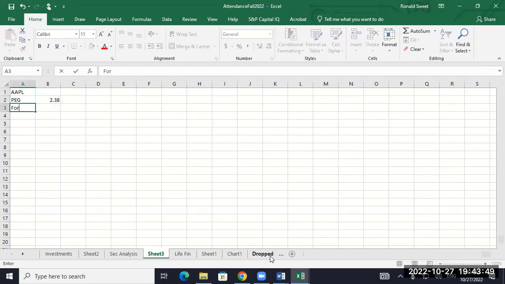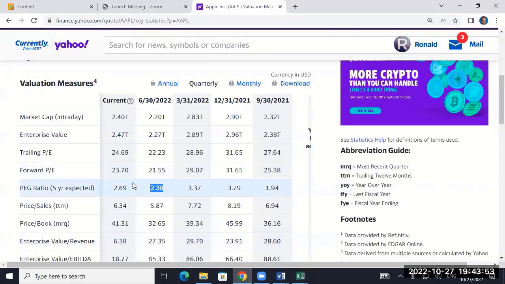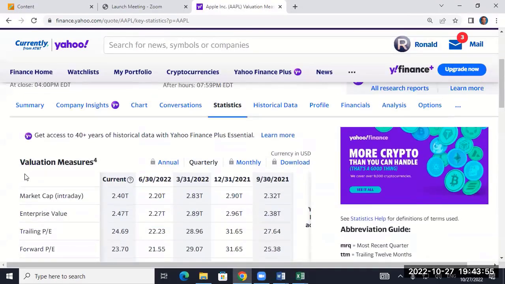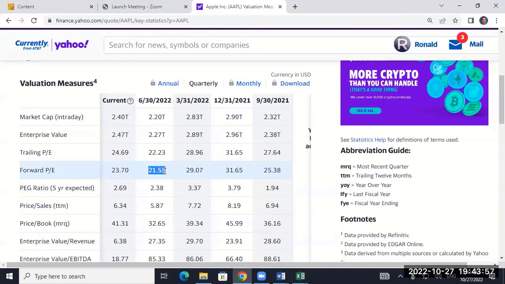And then we'll do their forward PE. Forward PE is 21.55.